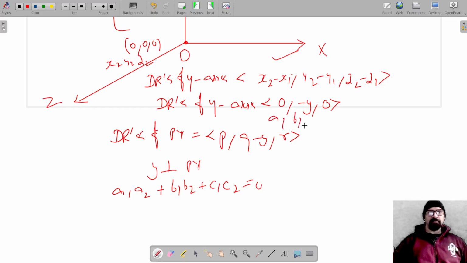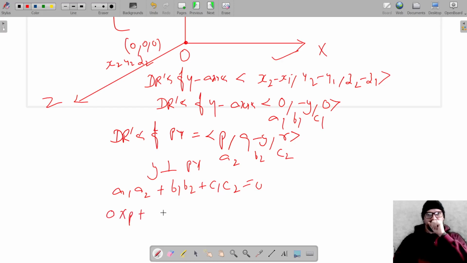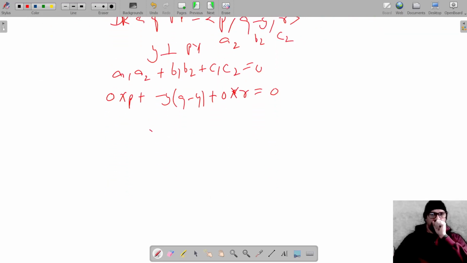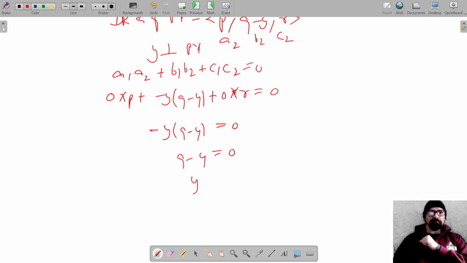These are the direction ratios A1, B1, C1, and these are the direction ratios A2, B2, and C2. So this is 0 into P plus negative y into Q minus y plus 0 into R, is equal to 0, which gives us y is equal to Q.